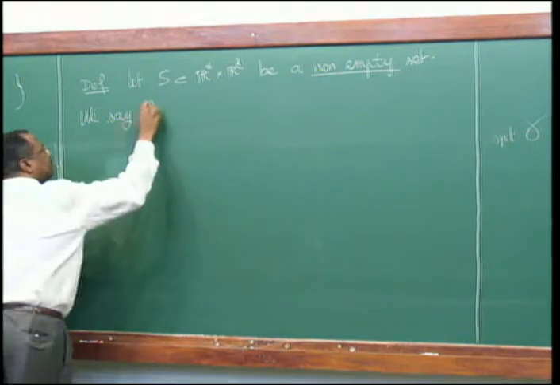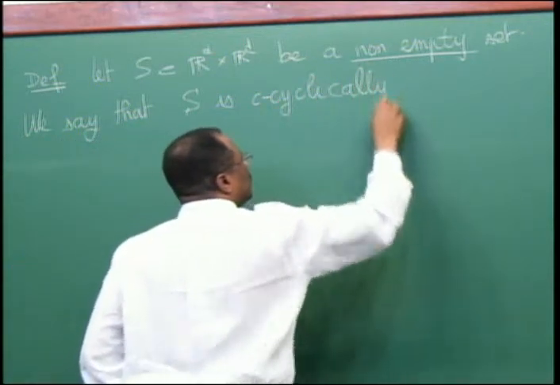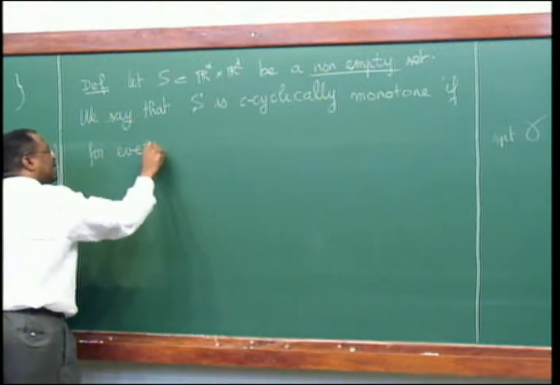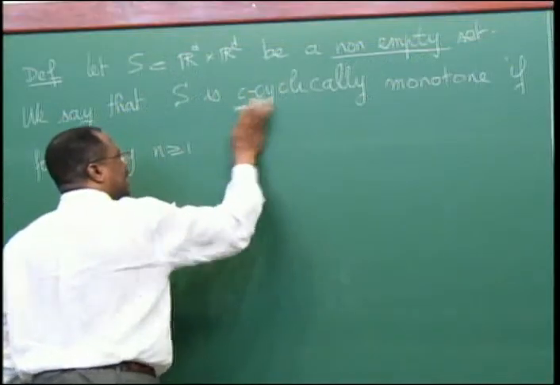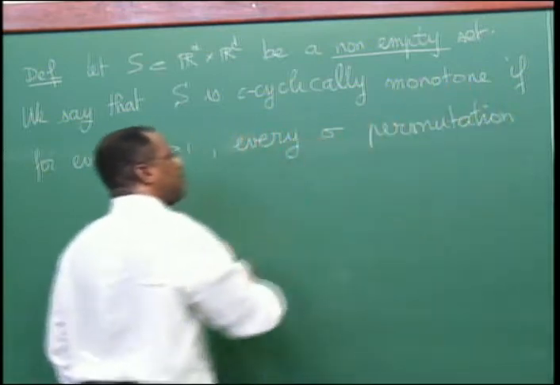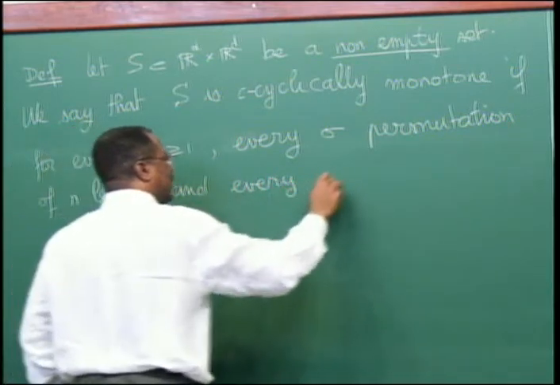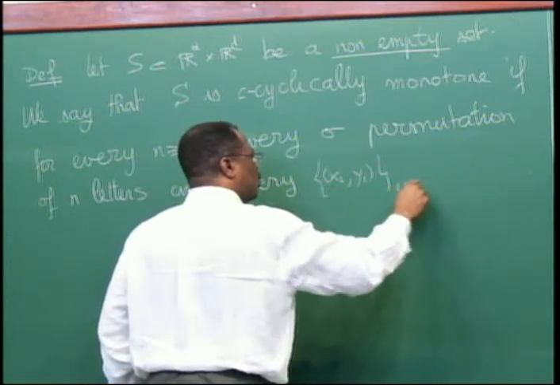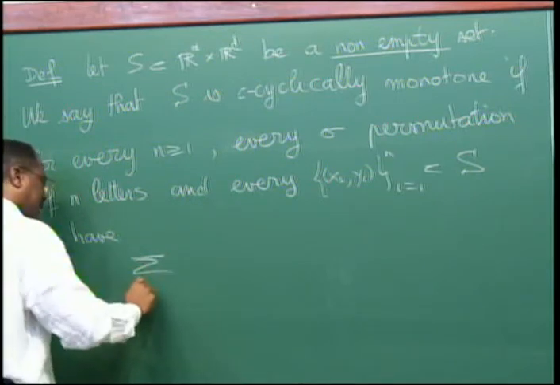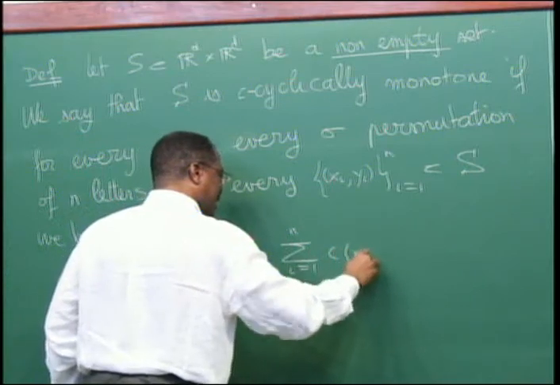We say that S is C-cyclically monotone if for every integer n, every sigma permutation of n letters, and every (x_i, y_i), i from 1 to n, in S, we have that the sum from i=1 to n of c(x_i, y_i) is less than the sum from i=1 to n of c(x_i, y_sigma(i)).